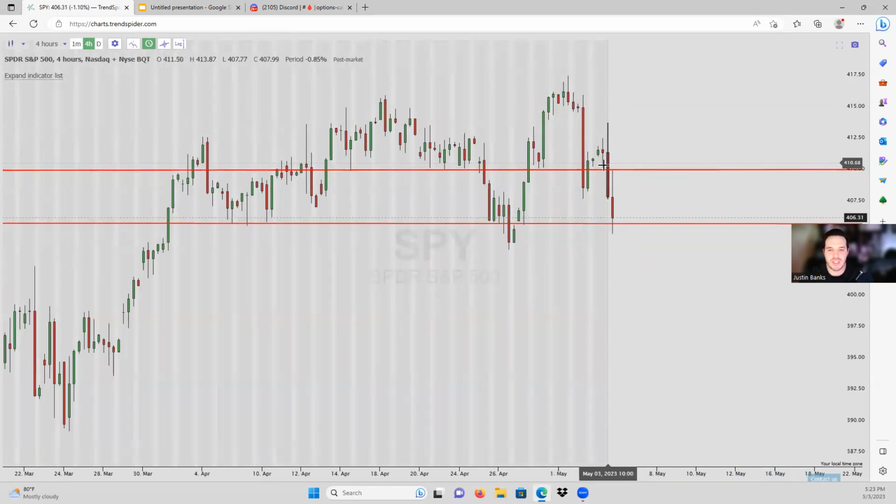Even in the pre-market, a couple of major bounces. We can see this is a major support level. On the daily, it was a big support slash resistance flip, also the beginning of supply. But now we're seeing on the 4 hour that this 410 is a major level. So going into today, this 410 is a very big level.